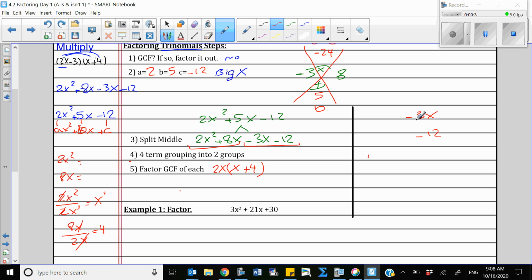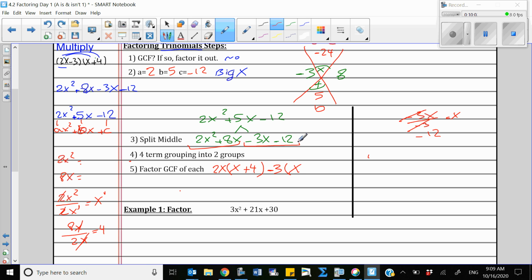Because 12 is divisible by 3, 3 is the GCF between these two. And because I already have a negative for both of them, I'm going to write negative 3 here. Now factor negative 3 from negative 3x. It's like you're dividing negative 3x by negative 3. Well, these two cancel each other, and I have only 1x left.